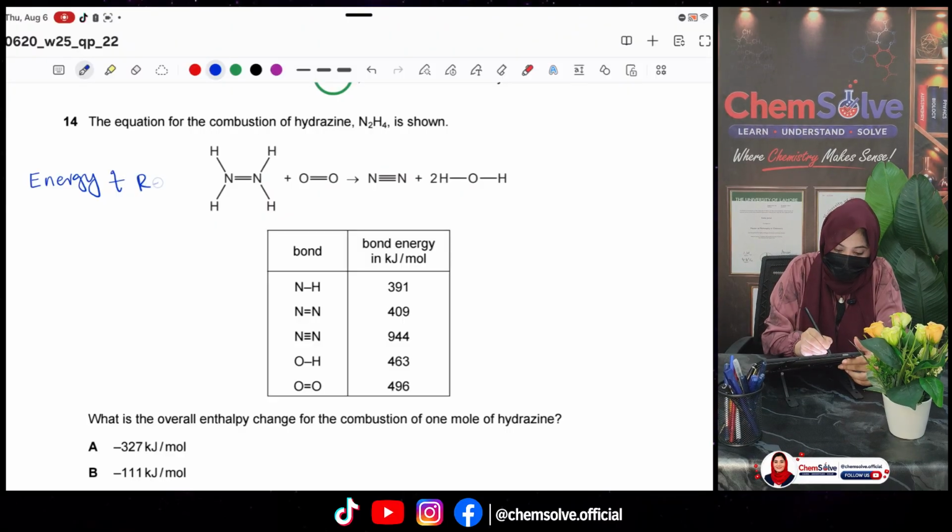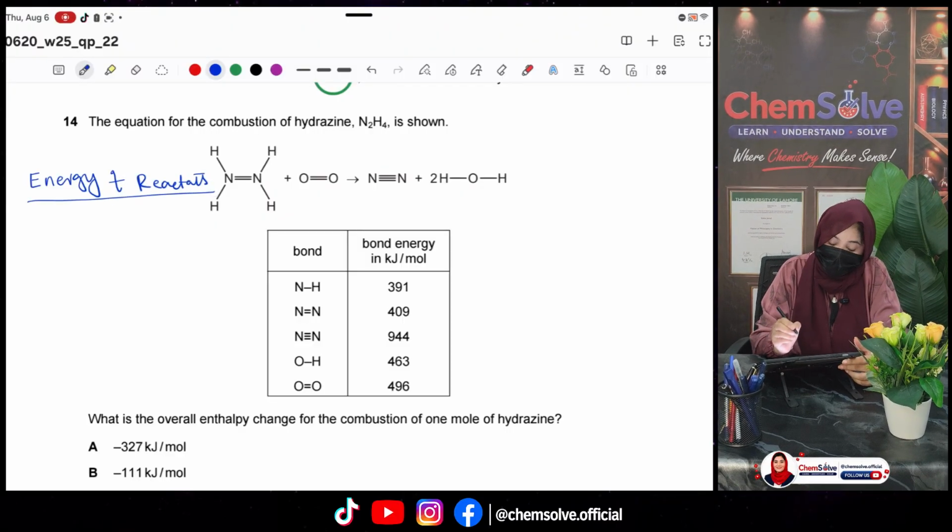Energy of reactants. Okay, so you can see one N-H bond, second N-H bond, third N-H bond, and 4th N-H bond.